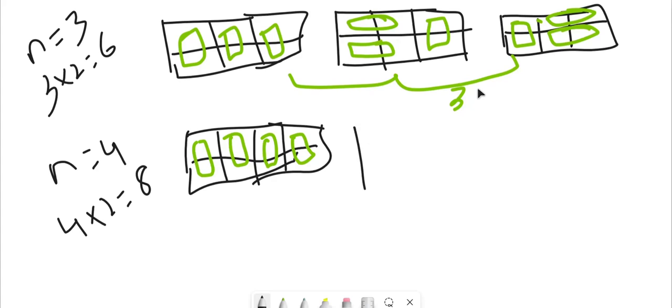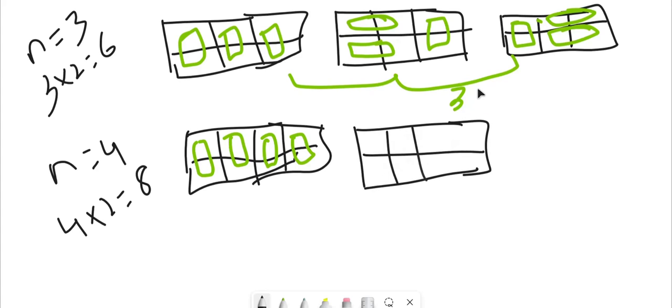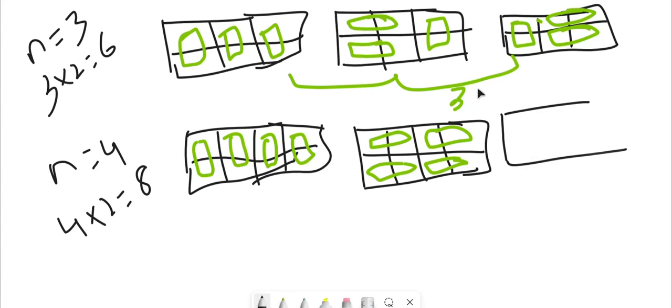And let's draw another combination. Now I will take all 2 into 1 tiles. And let's draw another combination.